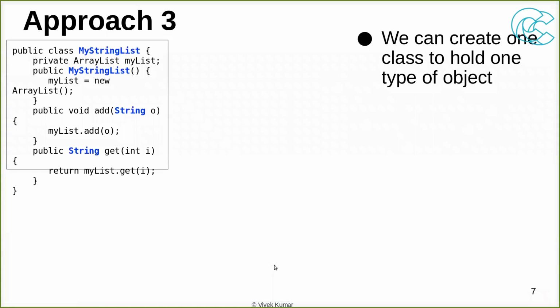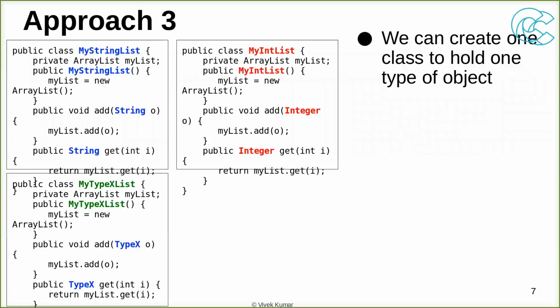So let's go with the third approach, where we create different lists for each data type. You want a string list, so create my string list, which is separate from the integer list, and this is separate from the type X. Type X can be any type, right? Like a car, bike, person, etc. But the issue here is you are duplicating the code.